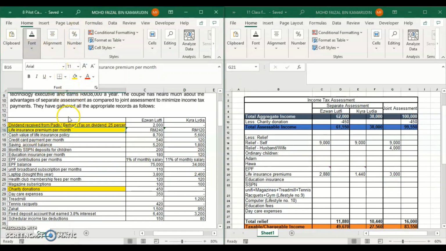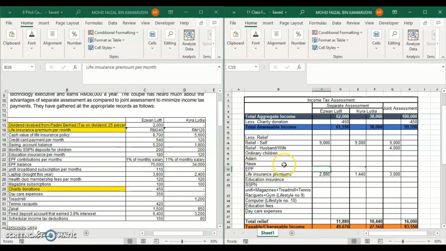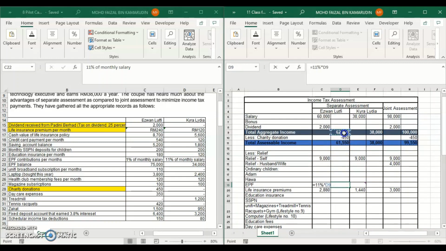What else? Let me settle the EPF straight away, because this is actually the same item. How much are they paying for EPF? 11% based on the monthly salary. So let's check what the impact is. 11% times their salary is 6,600.